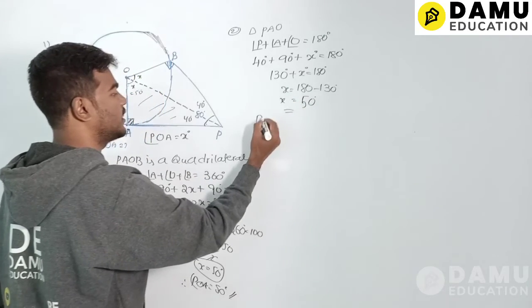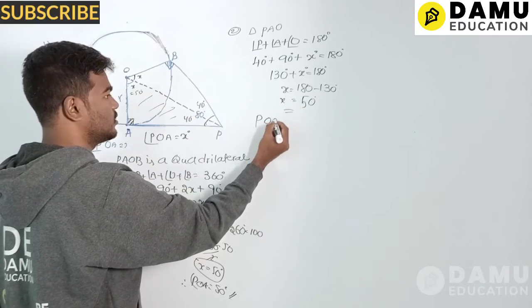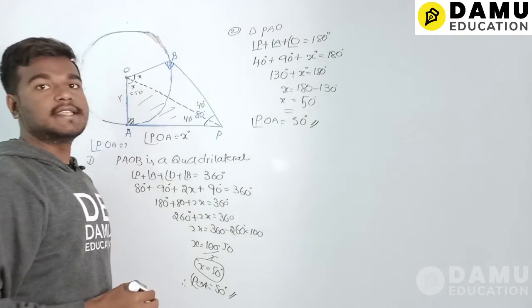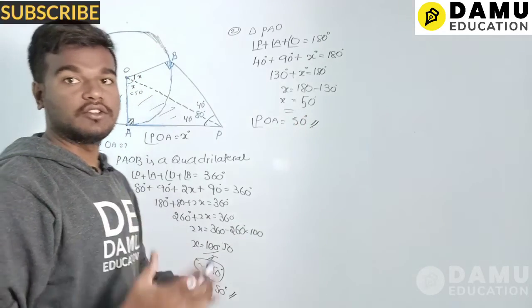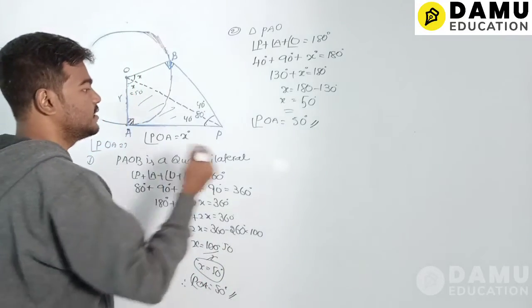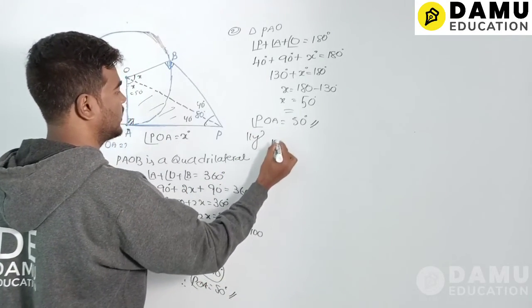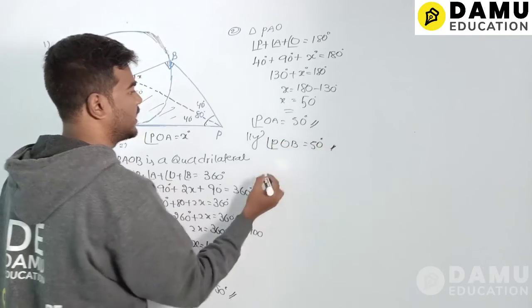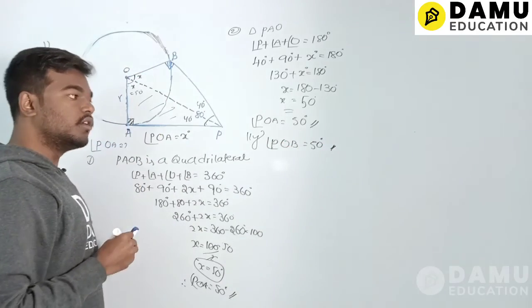So x is angle POA, which is equal to 50 degrees. This is another method to find the calculation. Similarly, angle POB is also 50 degrees.